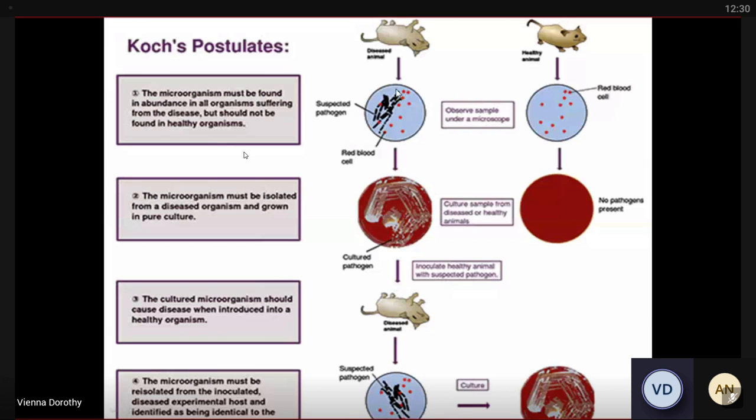Which means this microorganism and this microorganism should be exactly the same. I should not be able to see another different kind of organism. The organism isolated from the second animal and the organism isolated from the first animal should be the same, which means both the animals were suffering from the same disease. That is the fourth postulate.